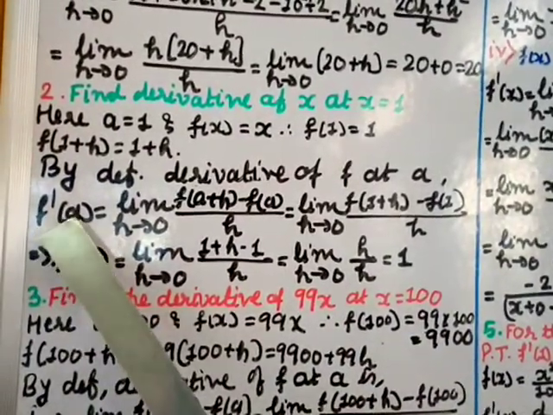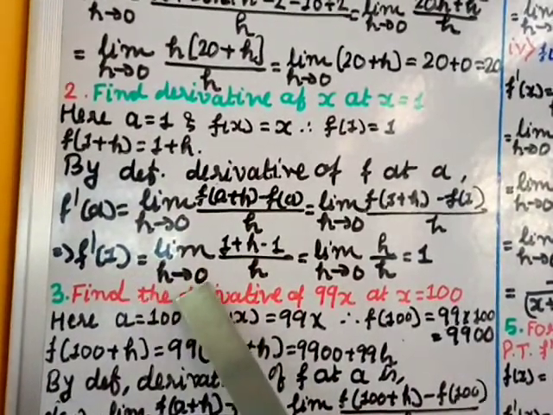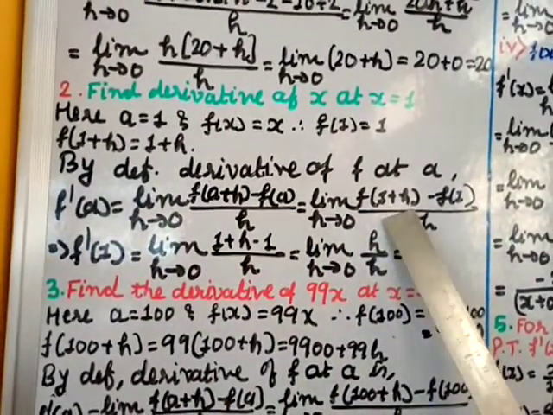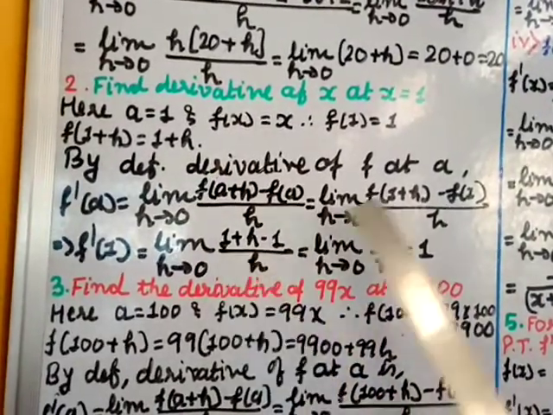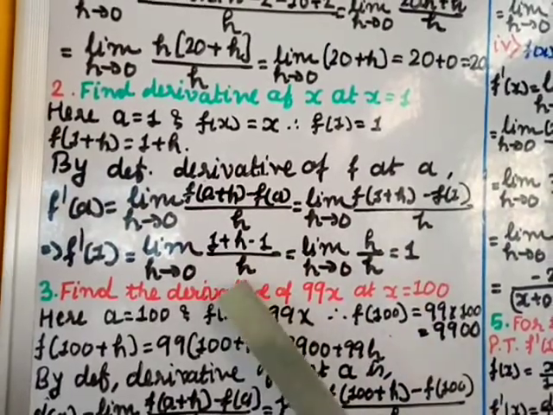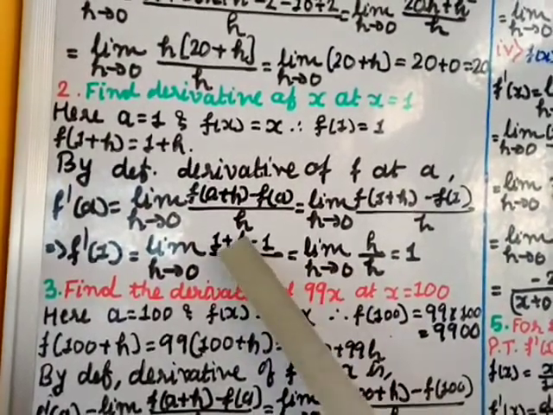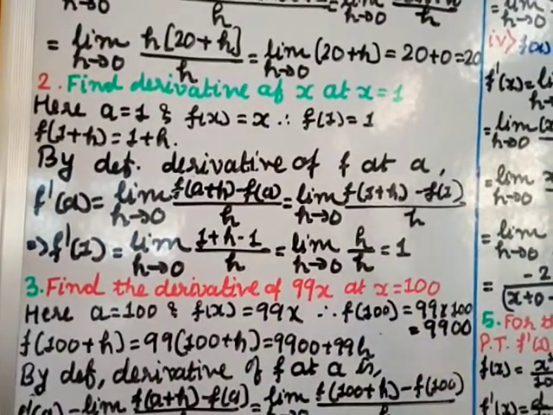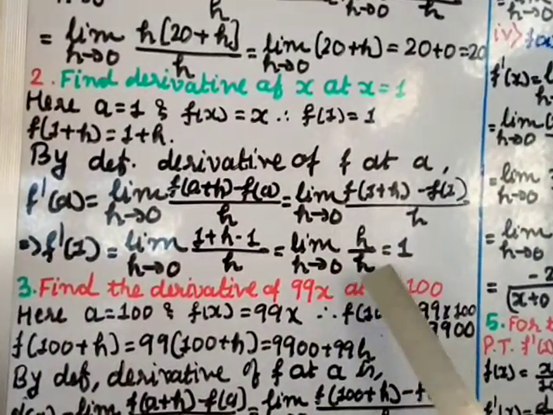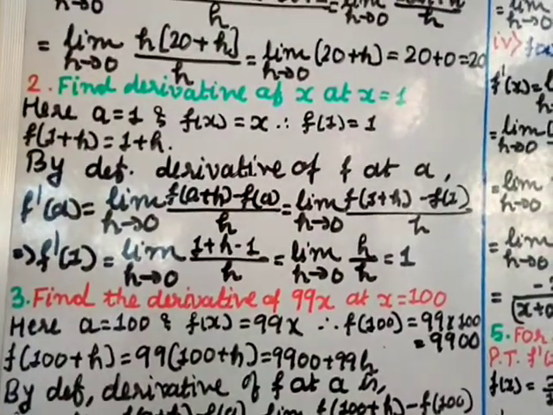So f dash of 1 equal to limit h tends to 0 f of 1 plus h, that is 1 plus h, minus f of 1, that is 1, divided by h. Plus 1 minus 1 cancel. So you get here limit h tends to 0 of h by h, cancel, so remains 1, and the limit of 1 will be 1 because 1 is a constant function. So that is the solution for question number 2.